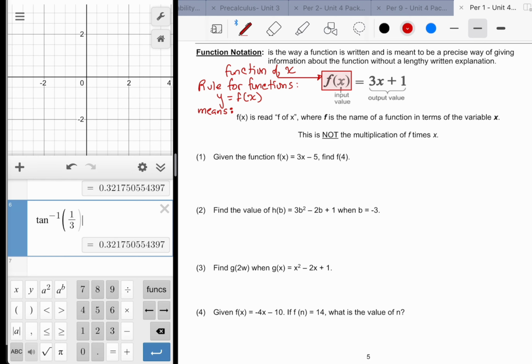F of x and y are interchangeable. But it also means that y is a function of x.